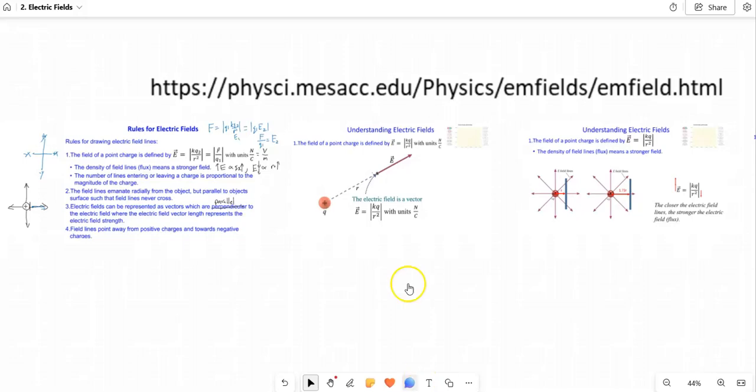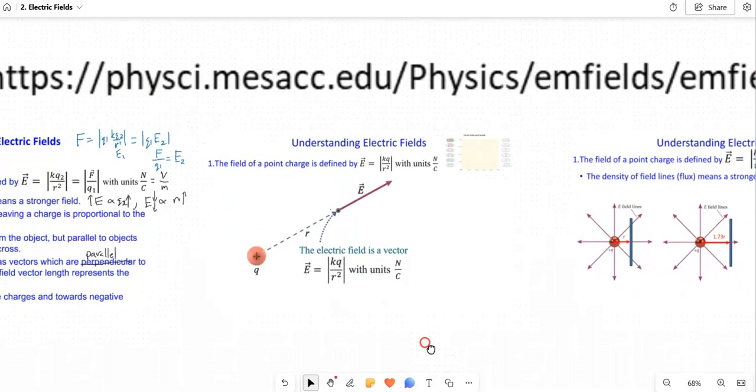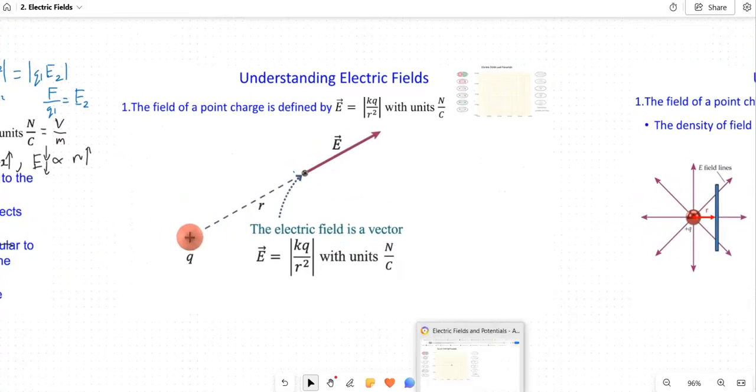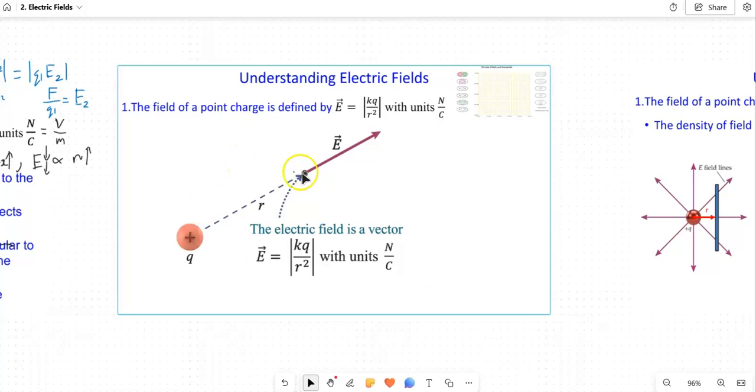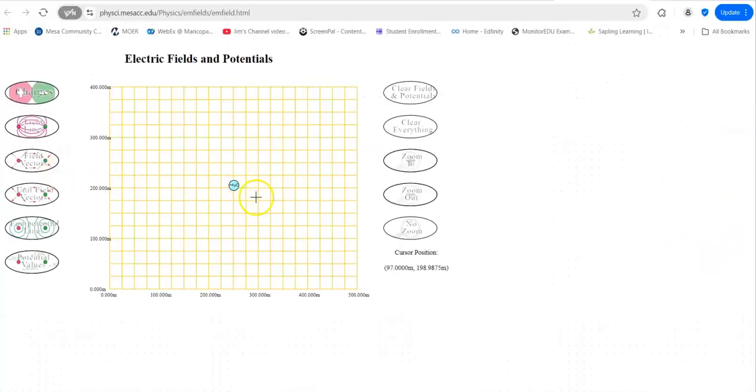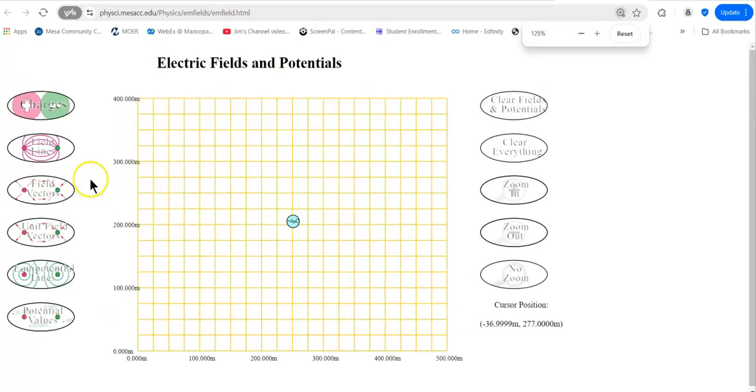Okay, so essentially here is what we're talking about though. So I'm going to go back to that simulation. I'm going to click on it and put a sensor in outer space and detect the electric field due to that charge. Okay, so I'm going to click on electric field vector.